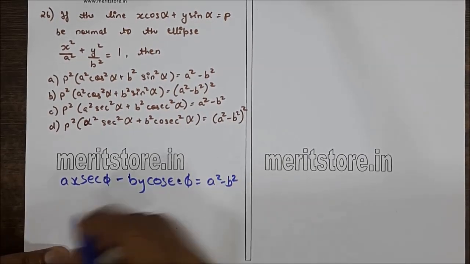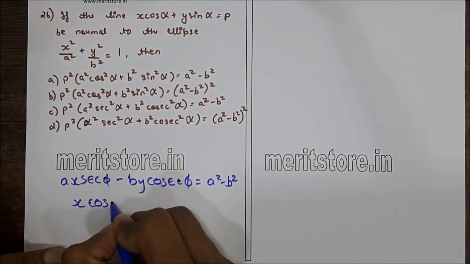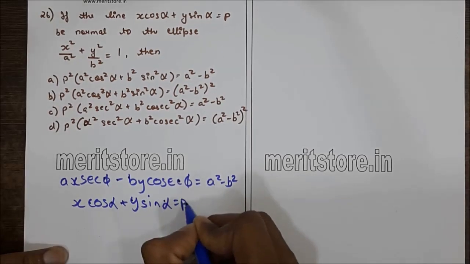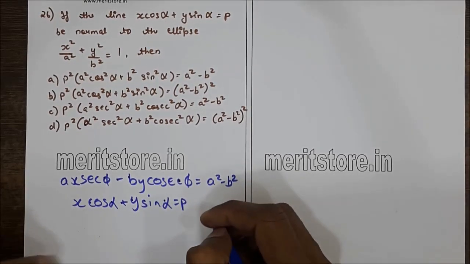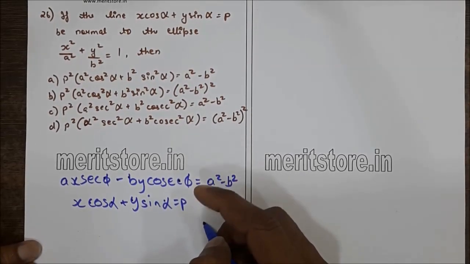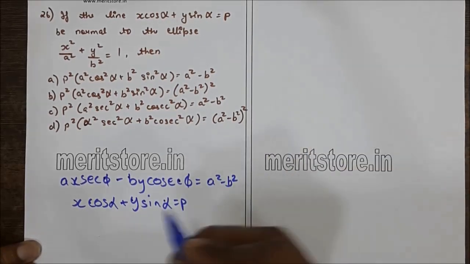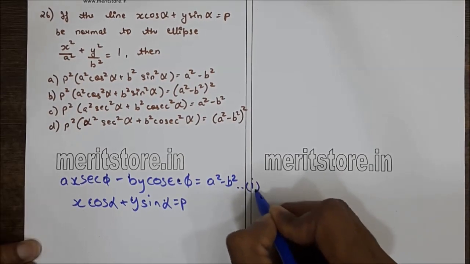Then the straight line given as x cos alpha plus y sin alpha equal to p will be normal to the ellipse x square upon a square plus y square upon b square equal to 1. Let this be equation 1.